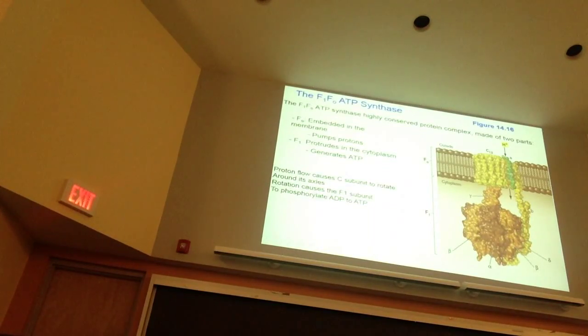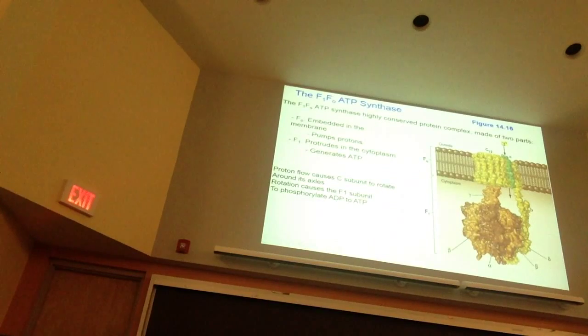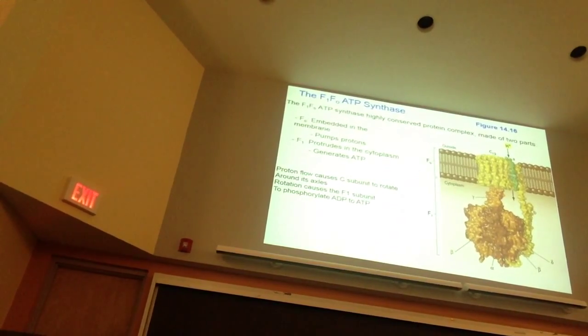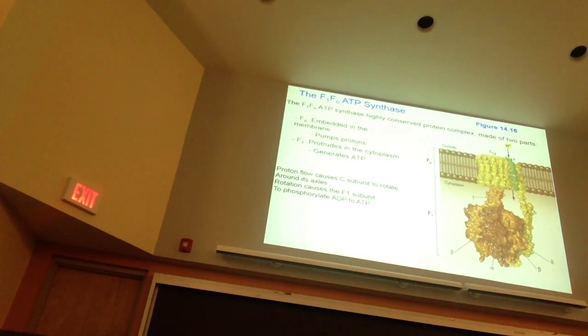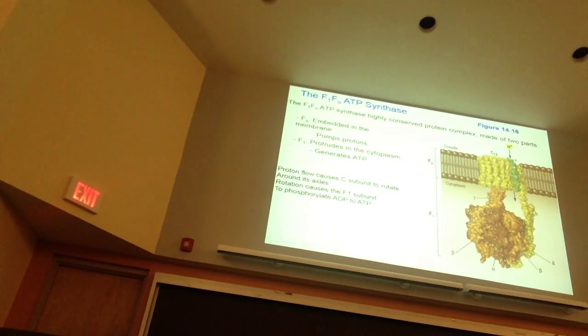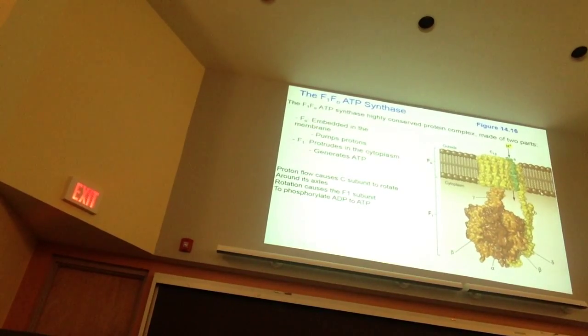Okay, so one of the key components are protons. So we've already said we're generating this massive, there's 100 times more protons on the outside of the cell than on the inside of the cell because of electron flow causing protons to be pumped. What does the cell do with the protons? Well, this subunit A is actually a proton channel, because realize this membrane is highly impermeable to protons.